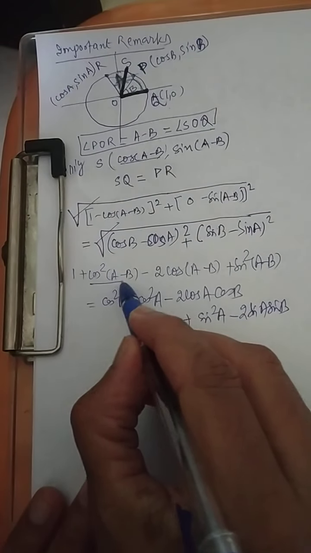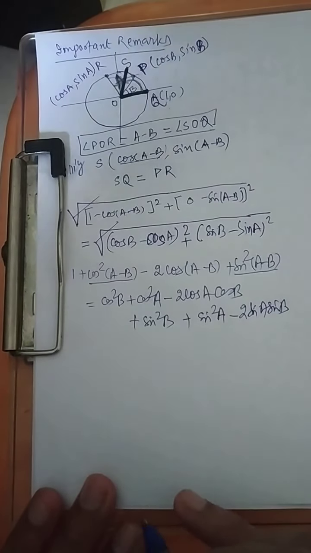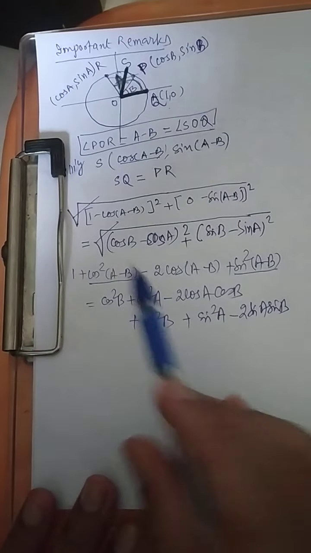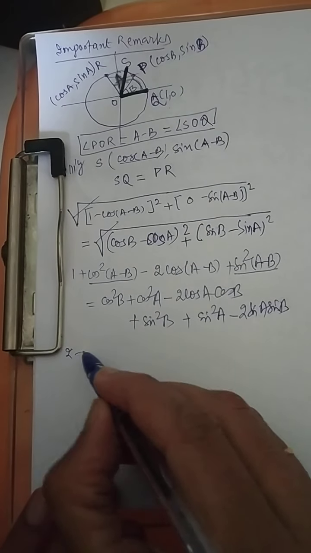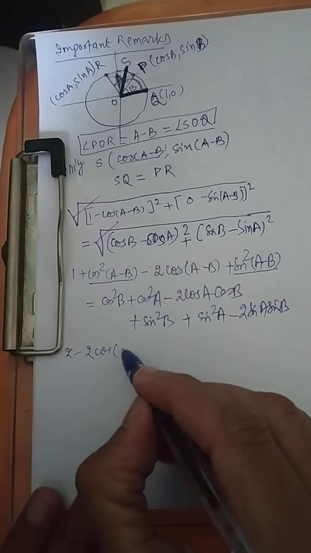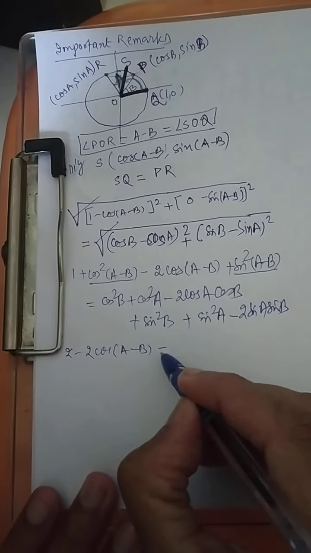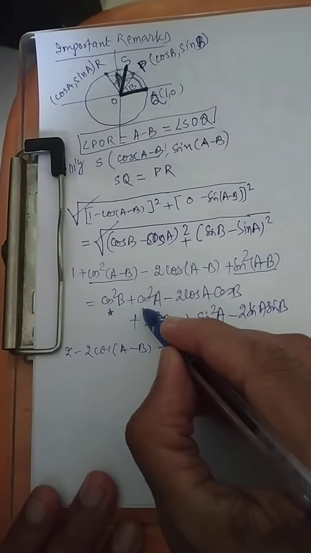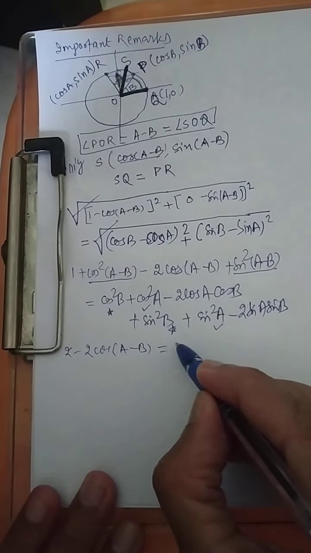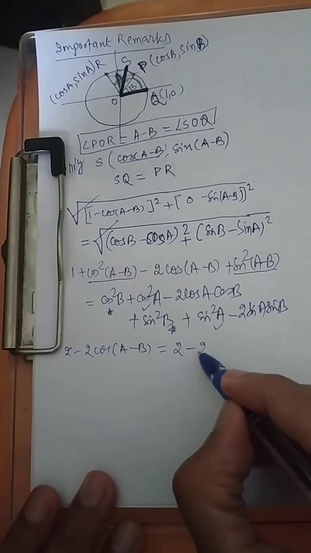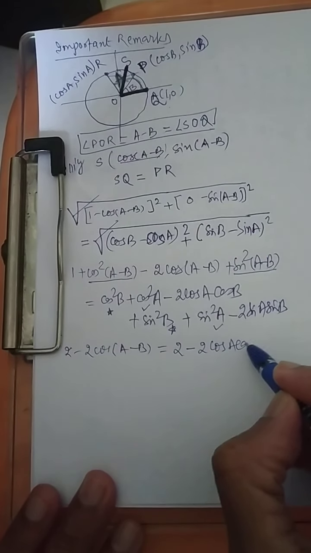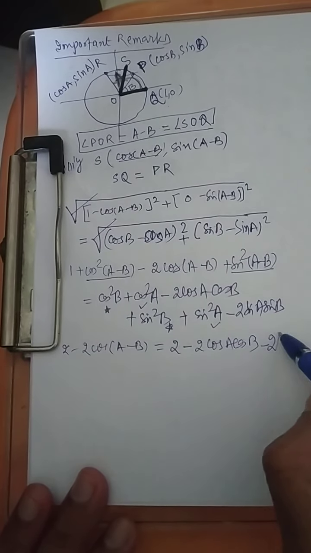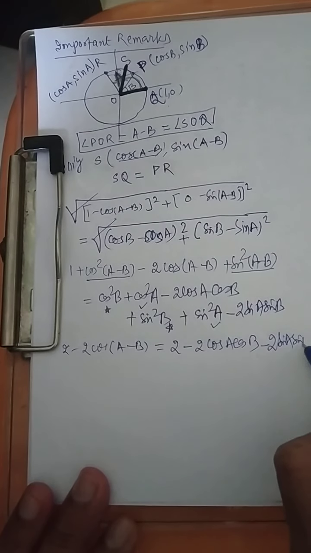This cos square of A minus B plus sin square of A minus B is 1, so the left side is 2 minus 2 cos of A minus B, which will be equal to, this cos square B plus sin square B is 1, this cos square A plus sin square A is 1, 1 plus 1 is 2, so 2 minus 2 cos A cos B minus 2 sin A sin B.